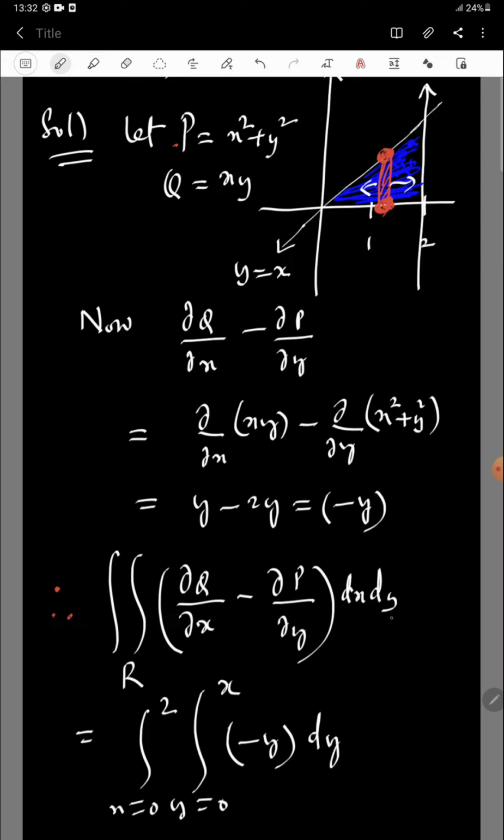Even though dx dy is written here, we should follow the order because the inside integral is y, so I am writing dy first. So what I now get is dy dx.